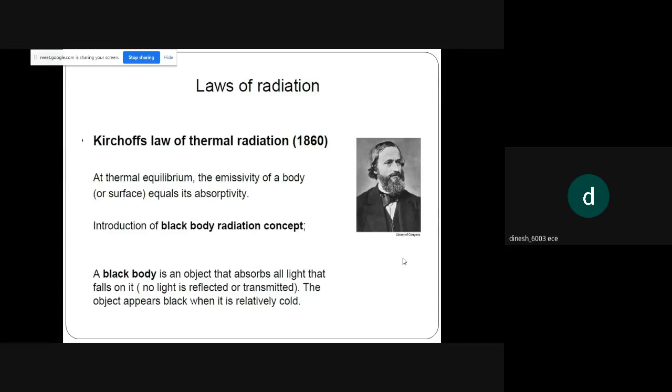The black body radiation concept is that it is an object that absorbs all the light that falls on it, meaning that it will never reflect or transmit any light that falls on it. So when it is very cold, it appears black in color. This is called black body radiation.